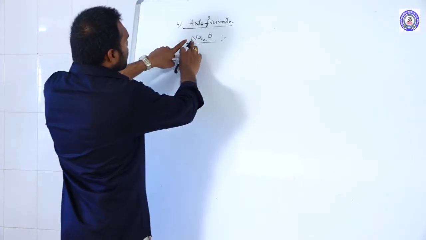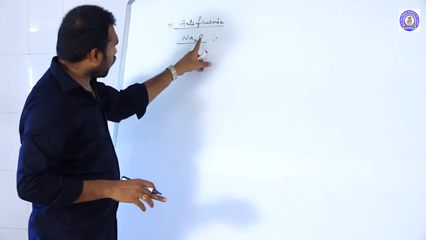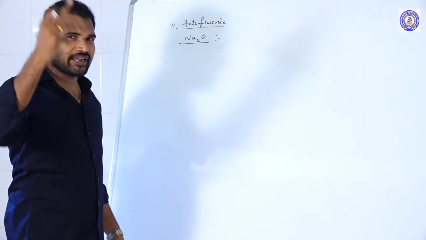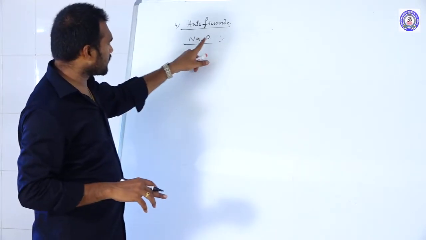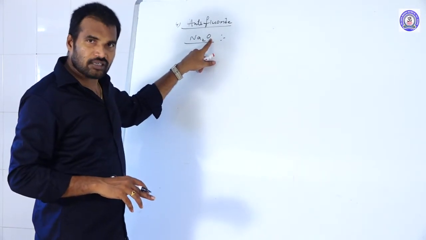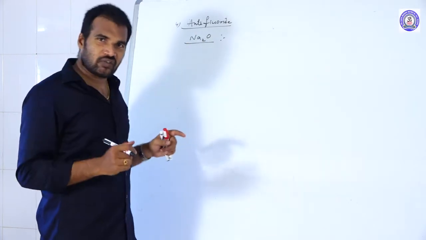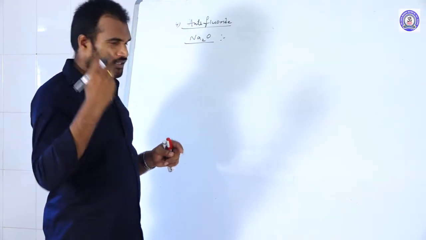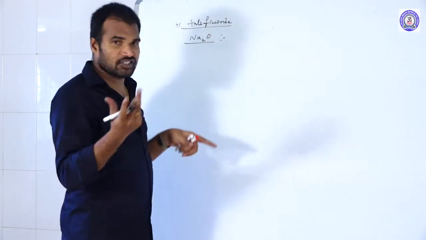Here we have Na plus and O2 minus. Which is larger? O2 minus is larger, because both are isoelectronic, and in isoelectronic species, as the magnitude of negative charge increases, the size increases. That is why the oxide ion is larger.